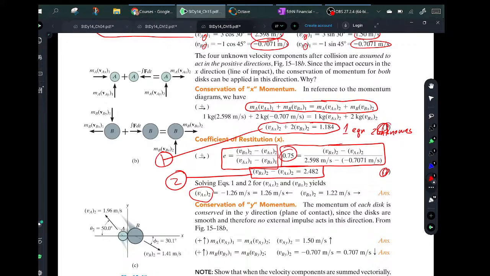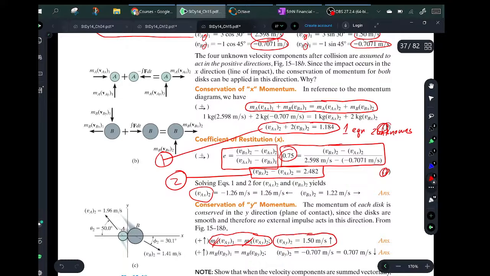Since the disks are smooth and there are no external impulses acting in this direction, then essentially you get this, which means cancel that, and the final and initial velocities are in that. Now, if you had friction, you would have to take care of that, but it would be a little bit more complicated.